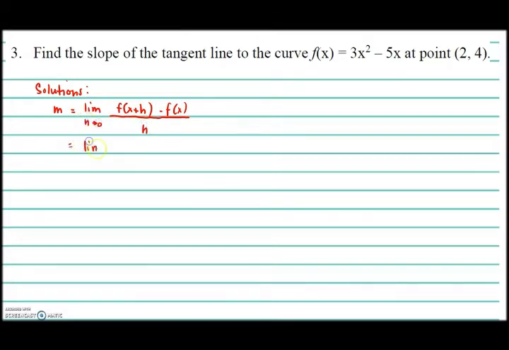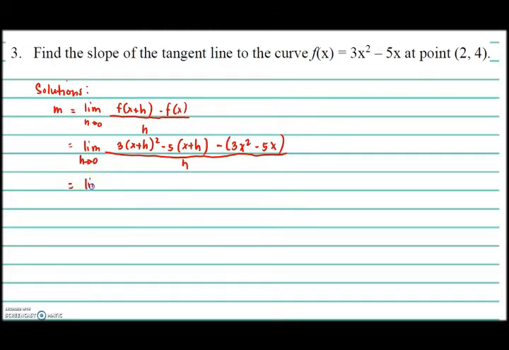So we have here the limit of 3 times (x plus h) squared minus 5 times (x plus h) minus f of x, that is 3x squared minus 5x, all over h as h approaches 0.